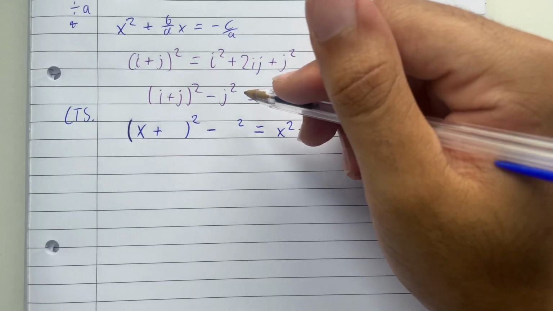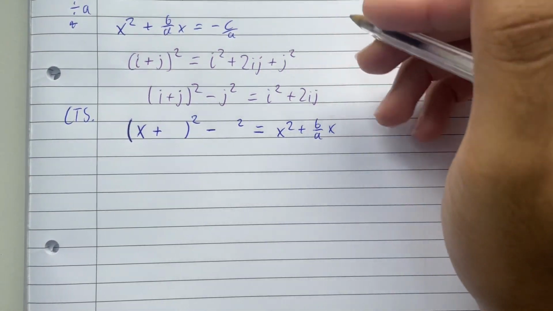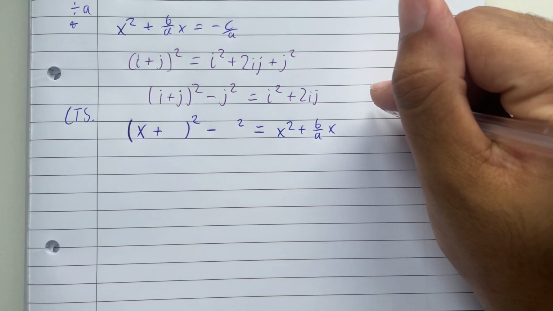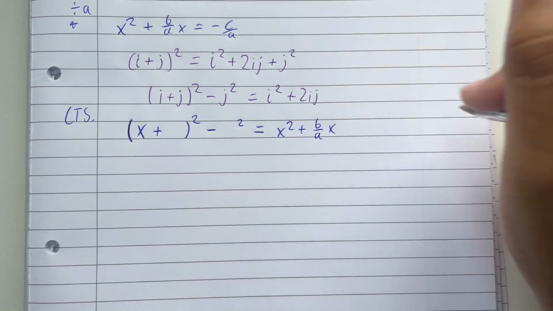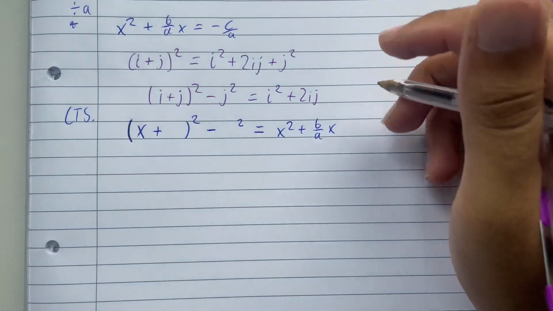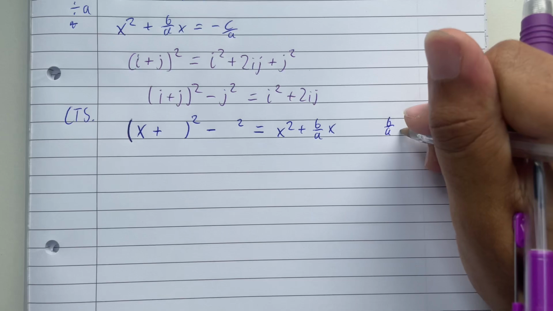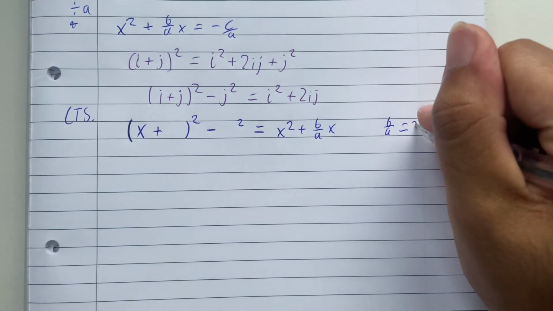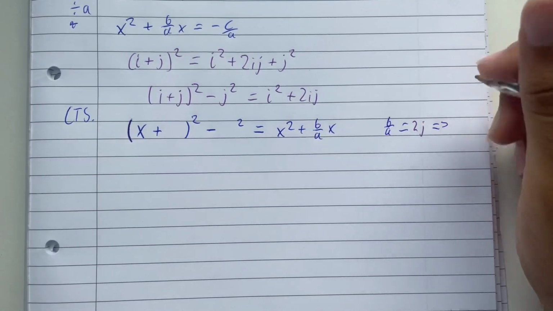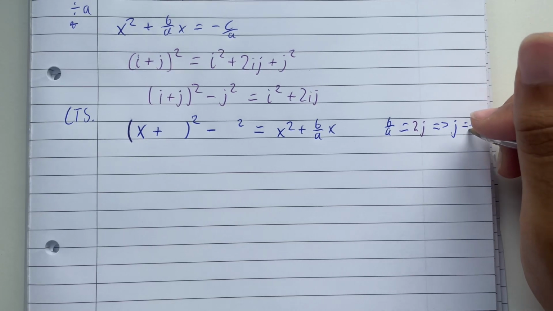Now, obviously, our i is x in this because we have x squared. Now, b over a has got to be our 2j. So, b over a equal to 2j would imply that j is equal to b over 2a.